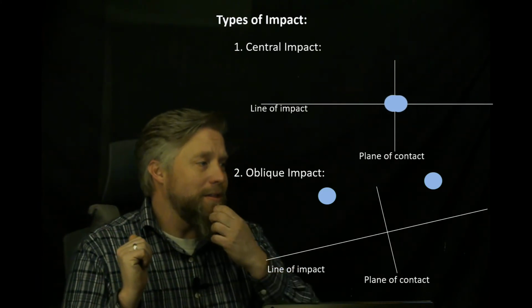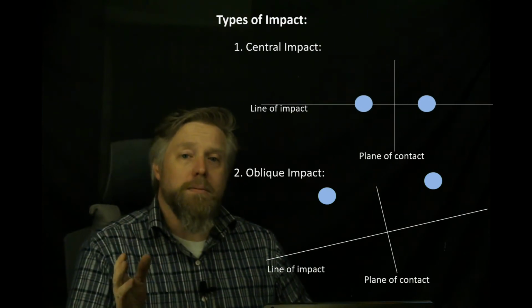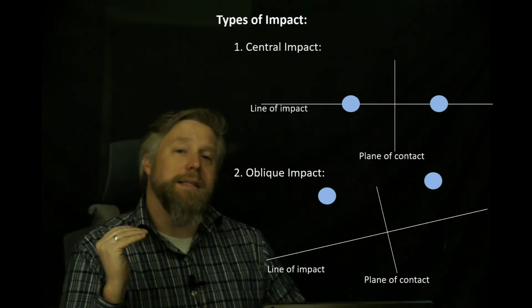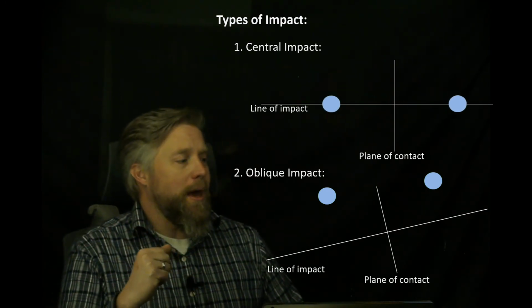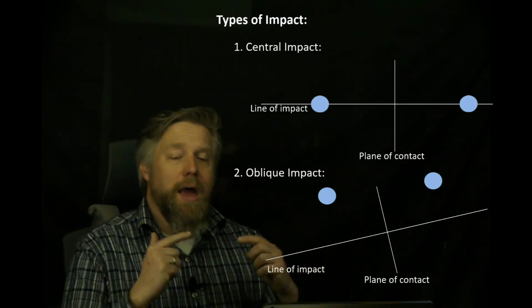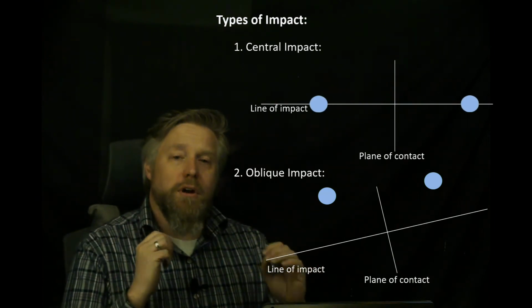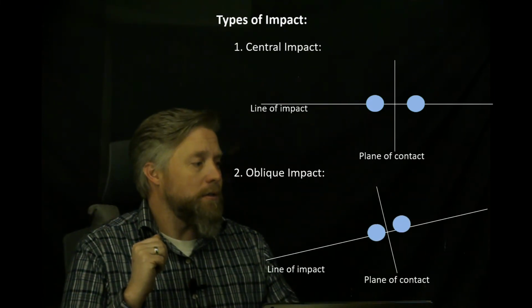That's the simpler impact, and we're going to figure out how to solve those problems and then build upon that for the second type of impact, which is oblique impact. Oblique impact just means that they're impacting at an angle that does not match a line drawn between their two mass centers. For example, these two particles are hitting each other and bouncing off.